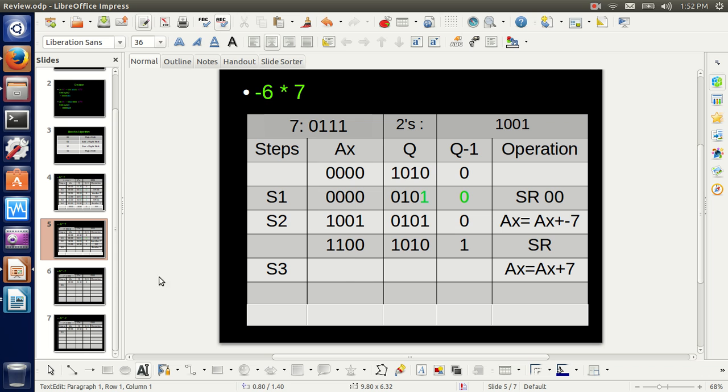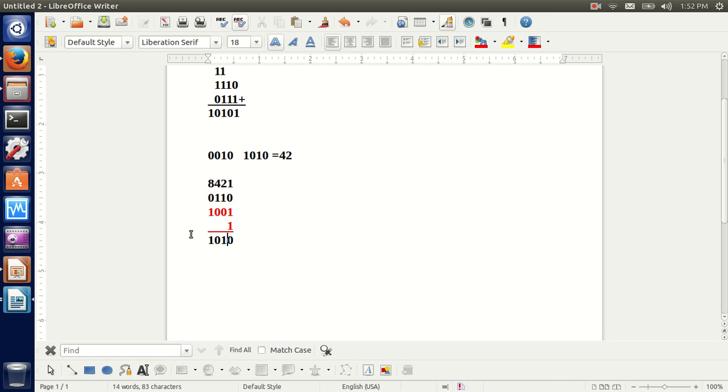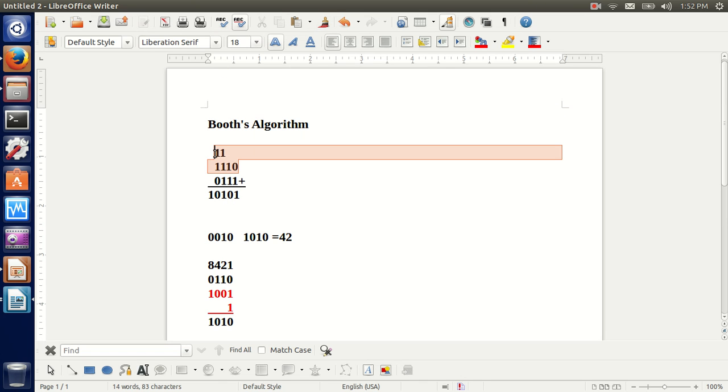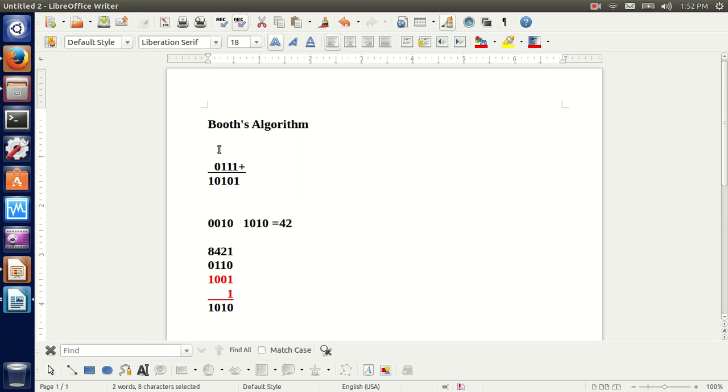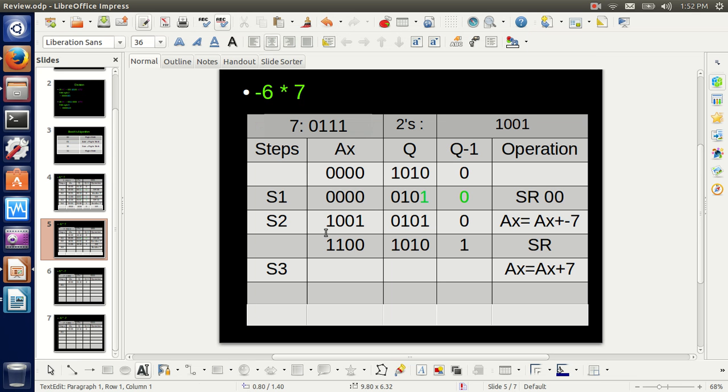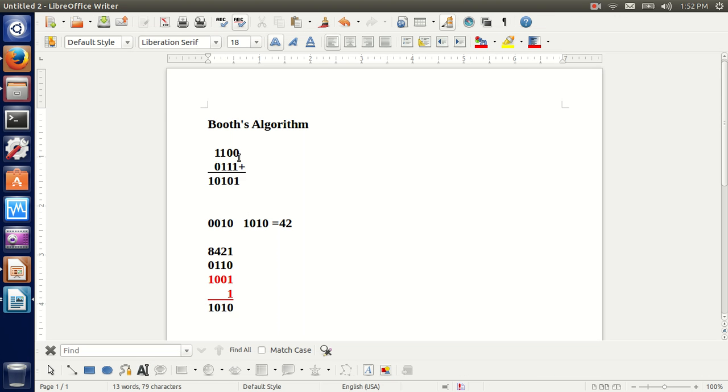So let's do it here better so you can understand it. Okay, what I need to do is 1 1 0 0. I think that was the accumulator. Yeah, and I add to it 7. So let's see, what will it give me?